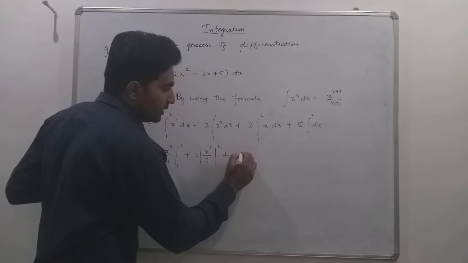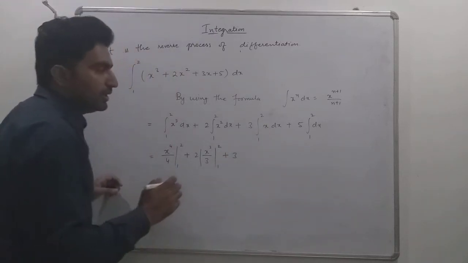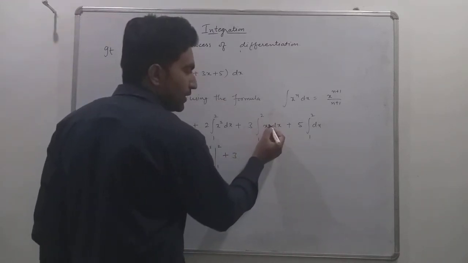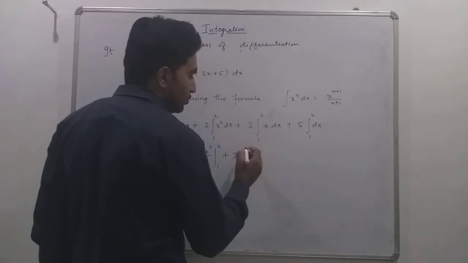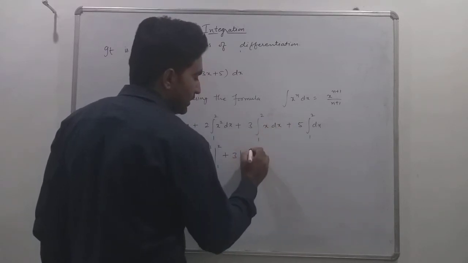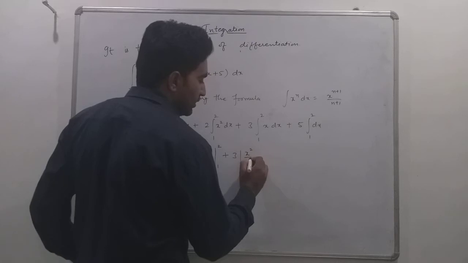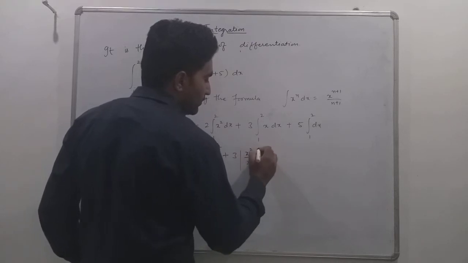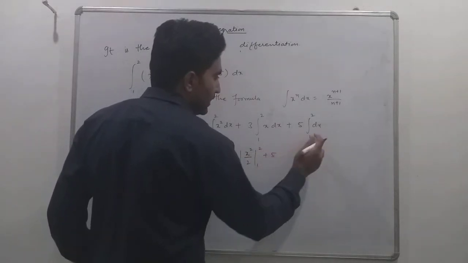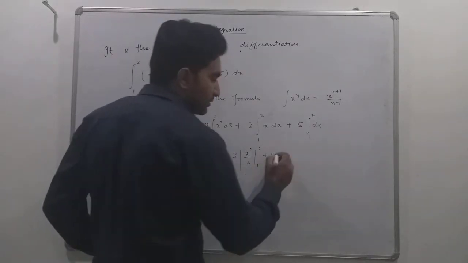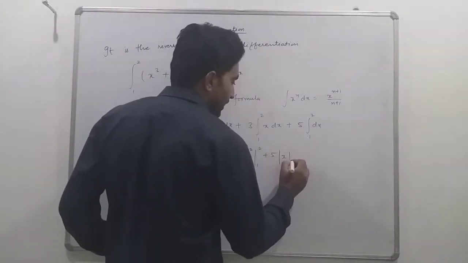Plus 3 times integration of x: the power of x is 1, and 1 plus 1 is 2, so the integration of x will be x square by 2, with limits from 1 to 2. Plus 5, and integration of dx will be x.